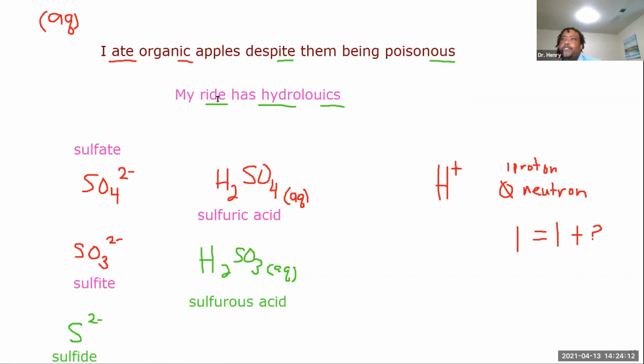So if it's sulfide, then we add hydro and ic at the end.